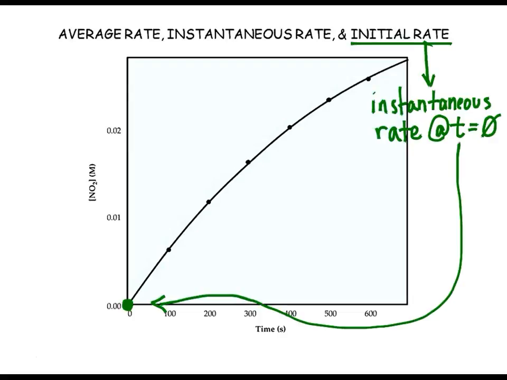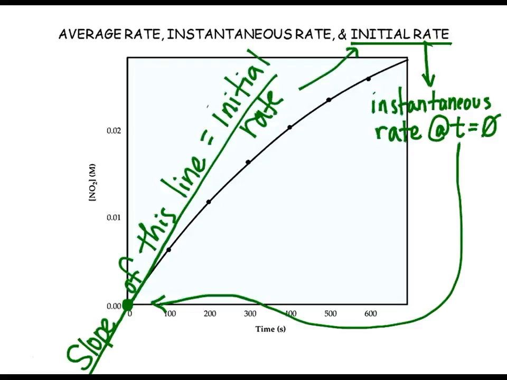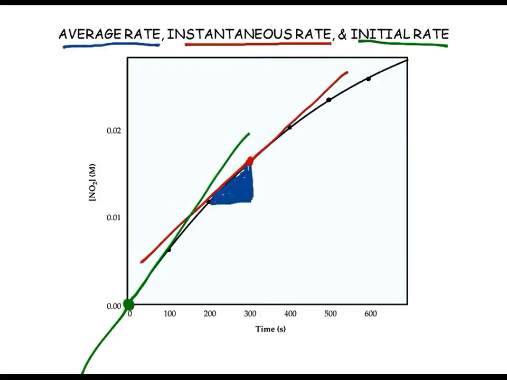And this is almost always the rate that is used in reactions. Whenever you see the rate of this reaction is this, it is almost always, without exception, the initial rate. The reason we use the initial rate, which is the instantaneous rate at t equals 0, so it's the slope of the tangent line at t equals 0.